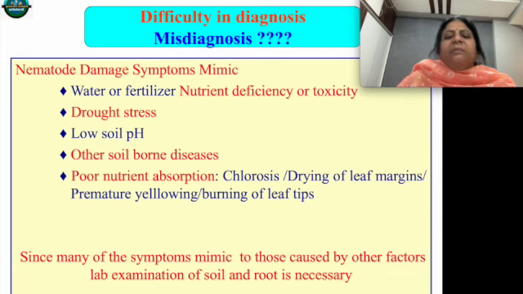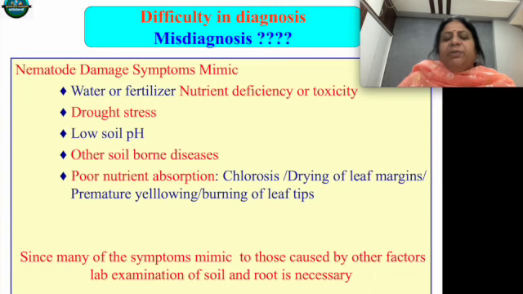Nematode damage symptoms mimic water or fertilizer or nutrient deficiency or toxicity, drought, stress, because of that the plants appear as if they are suffering with drought. Low soil pH symptoms also appear. Other soil borne diseases are also mimicked.